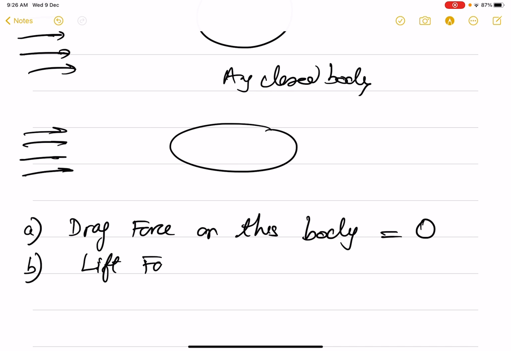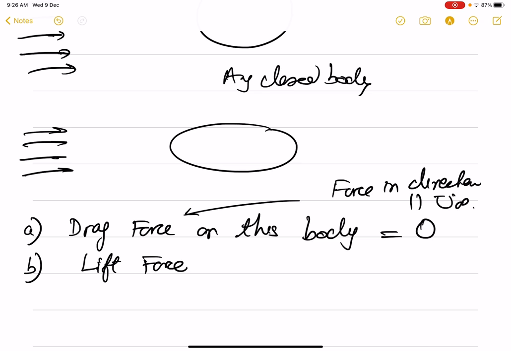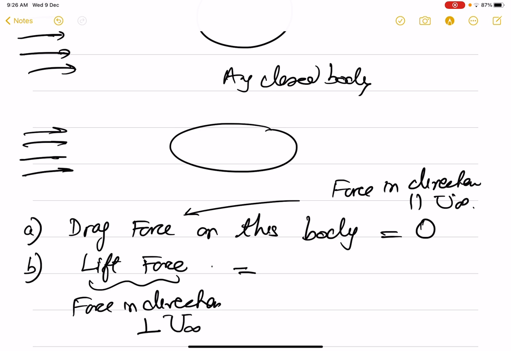Drag force is basically force in the direction parallel to the velocity at infinity. Lift force is force in the direction perpendicular to the velocity at infinity, and lift force is given by minus rho u, where u is the infinity velocity, times gamma.